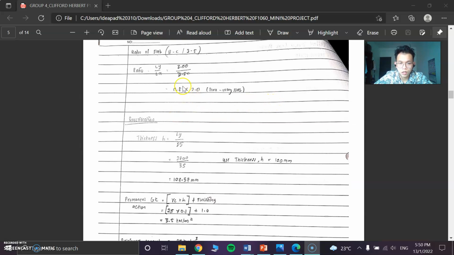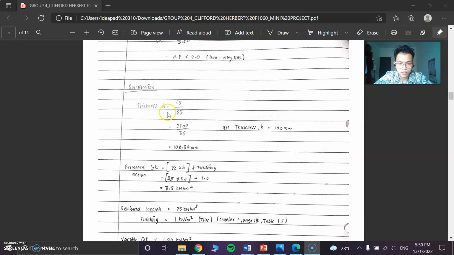First of all, I'm going to calculate the ratio of slab. Ratio of slab is Ly divided by Lx, and I've got 0.8, that is less than 2.0, that means two-way slab.